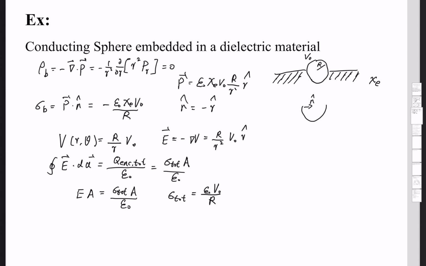Here I claim that writing the enclosed total charge as sigma total times area indicates that I assume the distribution of this total charge is constant.